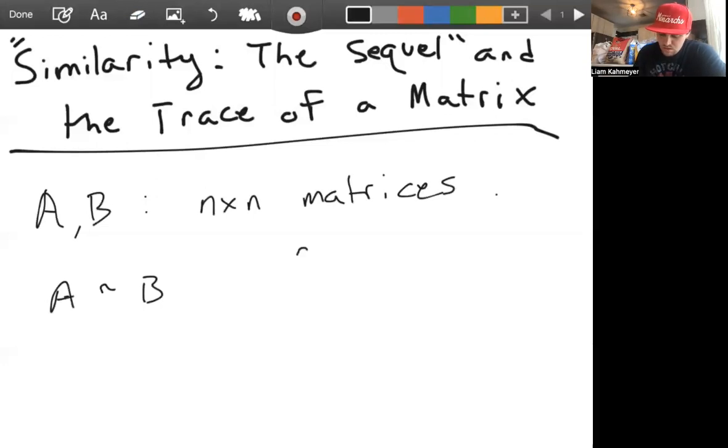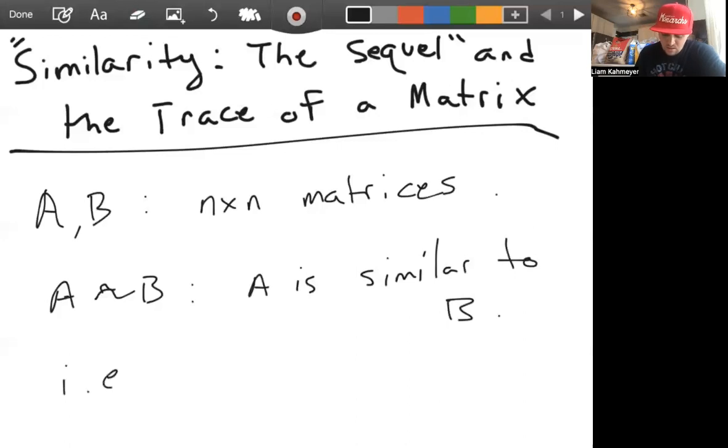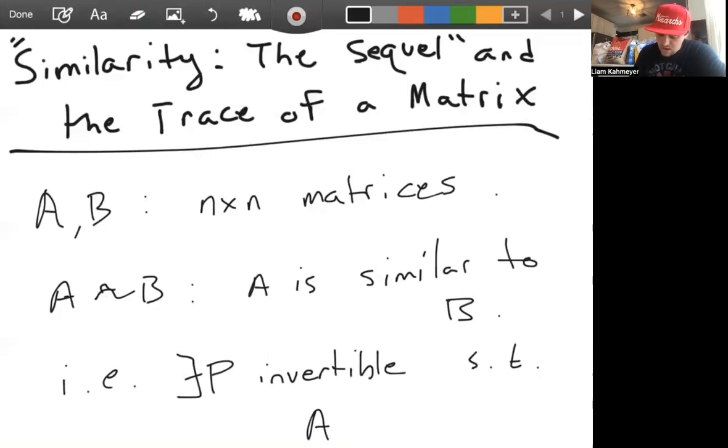So when I write A squiggle B, what this means is that A is similar to B, i.e., there exists an invertible matrix P such that you can write A as the product of P inverse times B times P, right?